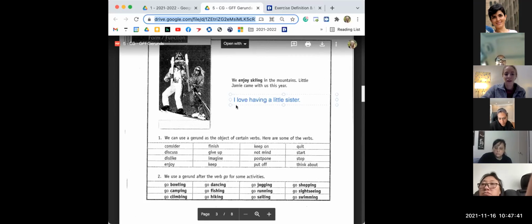After the verb love, we can use the gerund. So it's not on this list because we'll talk about this in our next class. Some verbs are followed only by the gerund. Some verbs are followed only by the infinitive. Some verbs can be gerund or infinitive with no change in meaning. And some verbs can be gerund or infinitive, but the meaning changes.